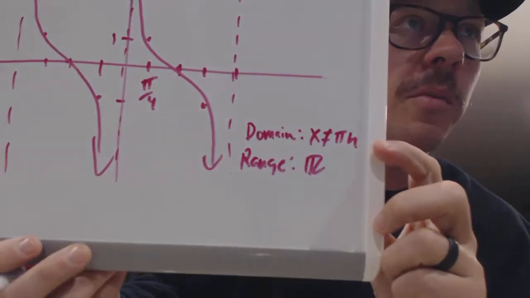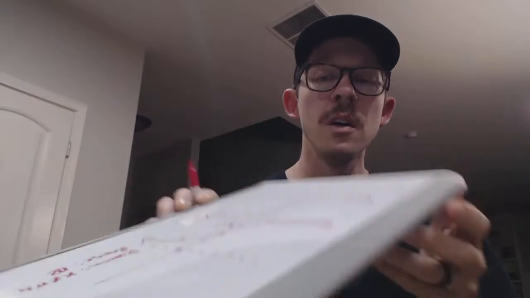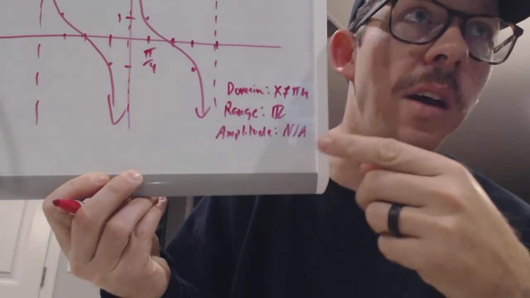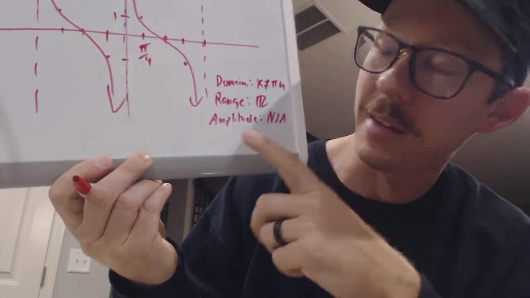What do you think the range is? You're right. All real numbers, because it goes up and down as far as you want. Amplitude, what do you think about that? There it is. As you would say, not available or no answer, but not applicable for amplitude.